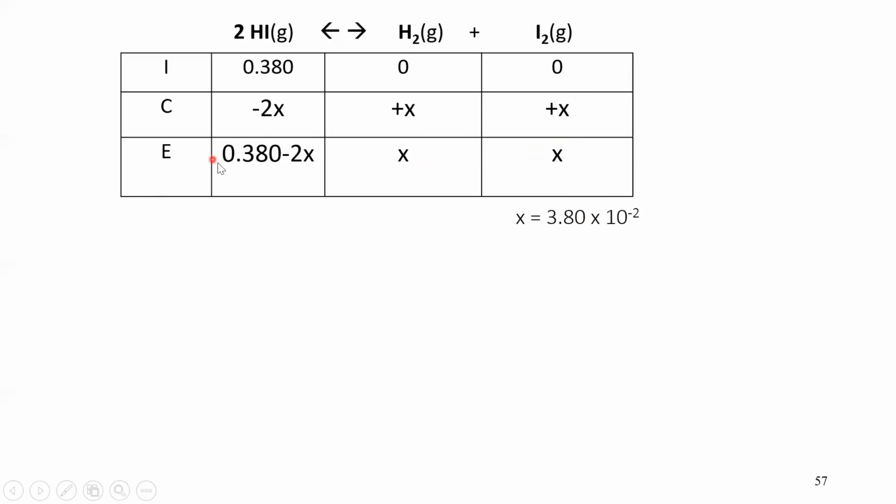And we can figure out the equilibrium concentration of the hydrogen iodide by taking 0.380 and subtracting 2 times X. Once we calculate the equilibrium values, we'd write a K expression, plug in the equilibrium values, and calculate what K is. So let's see how you do with that.